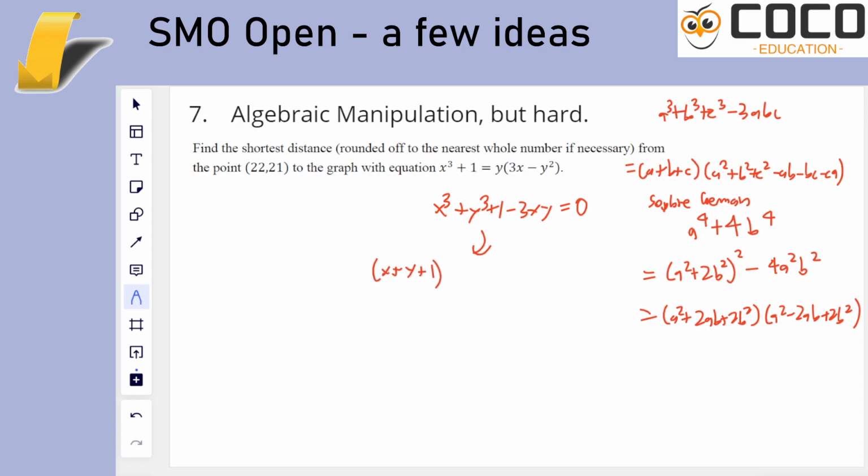But the key thing is to look for an identity. And then from there, once you have done the factorization, then things are going to be a lot more straightforward.